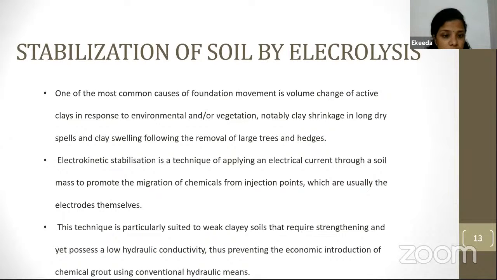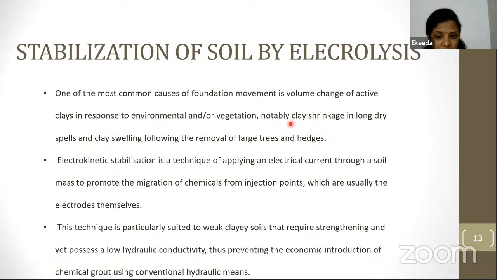One of the most common causes of foundation movement is volume change of active clays in response to environmental and vegetation factors, notably clay shrinkage in a long dry spell, and clay swelling, which involves the removal of large trees and hedges. So this is the condition in which we can use electrolysis, that is, high expansion and contraction or shrinkage of clay.